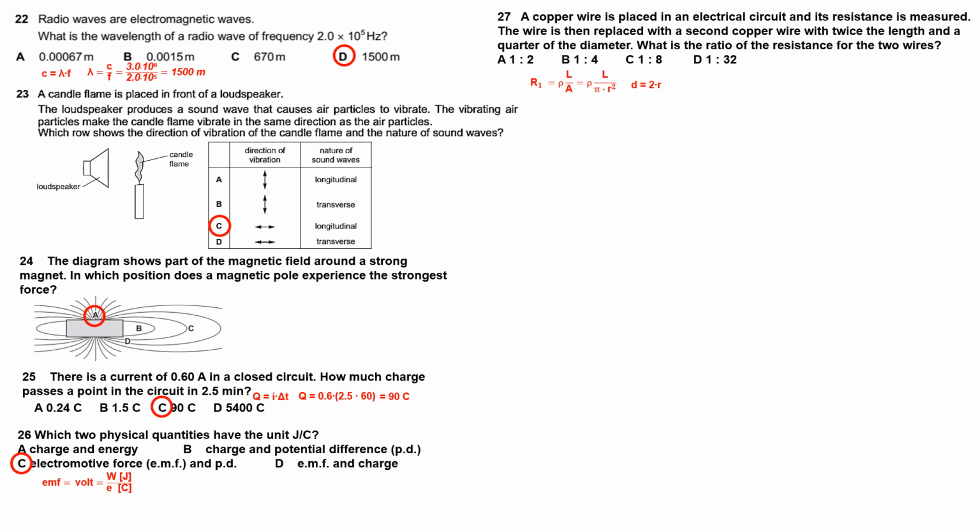After performing some algebraic manipulation, we can derive the expression for resistance in terms of diameter. As the diameter and length of the wire change, the resistance also changes. If the length of the wire is doubled and the diameter is reduced to a quarter, we can determine the new resistance. Finally, we need to solve for the ratio between the two resistances.